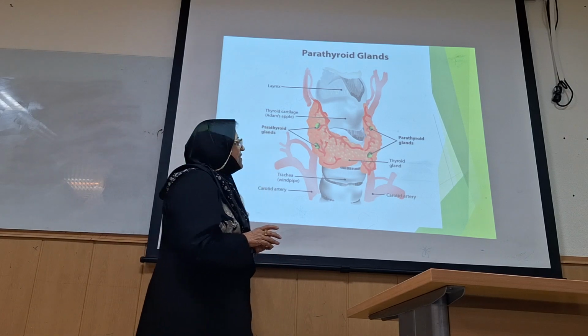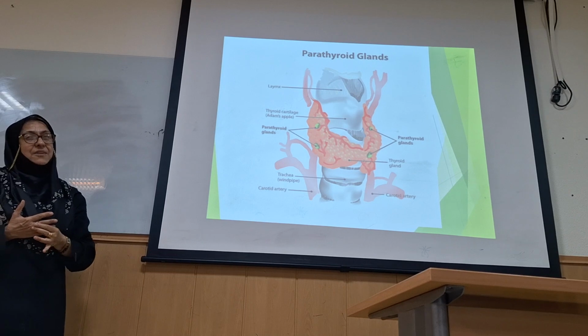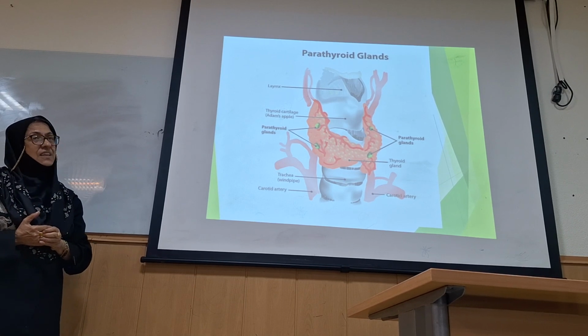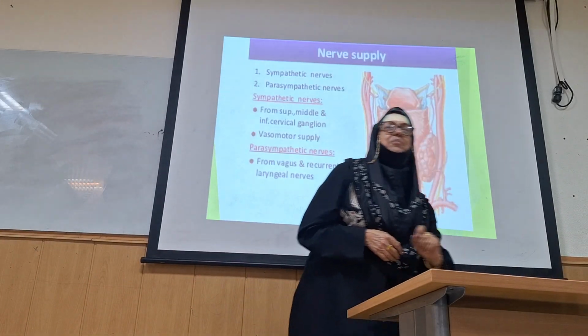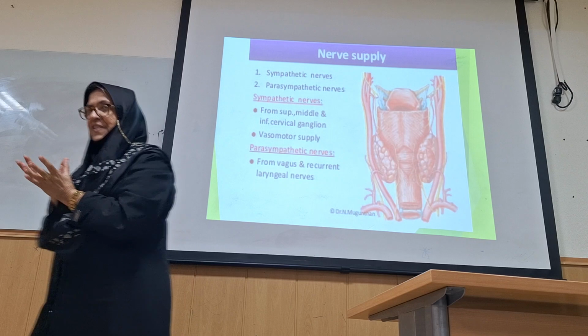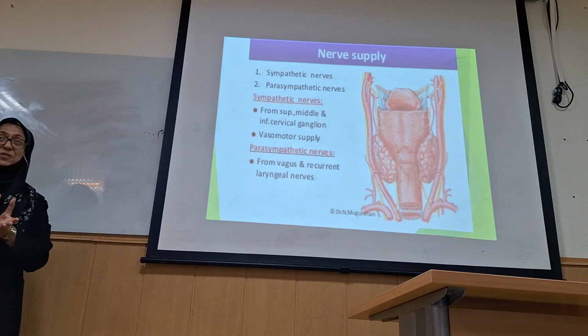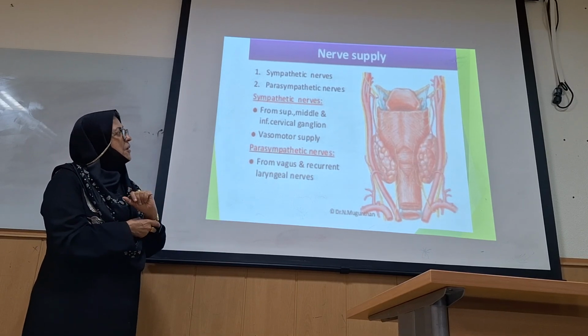In this slide, you see the nerves that innervate the thyroid gland. The thyroid gland is an important gland because it has many nerves and a lot of blood flow. Okay? In this slide, you see the nerve supply.